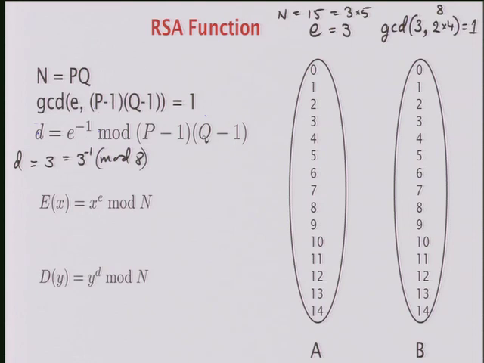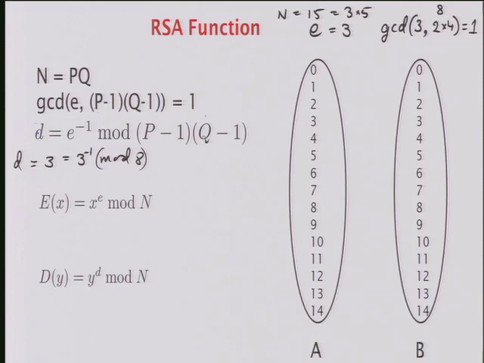So P minus 1 is divisible by 3, and now you can't use 3 as your encryption exponent. So what do you do? There are two possibilities. Either you pick some other encryption exponent, maybe 4, 5, 6, something else, or you don't pick 7 as your prime factor. Usually what you do is you generate a prime, and then you make sure that your prime is not congruent to 1 mod 3. So when you subtract 1 from it, it's not a multiple of 3.